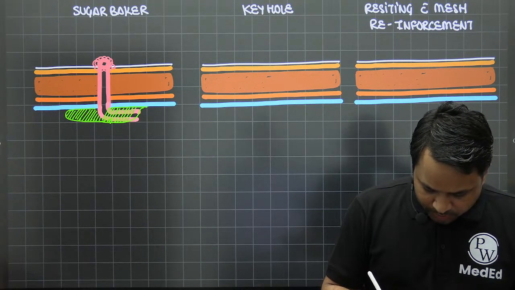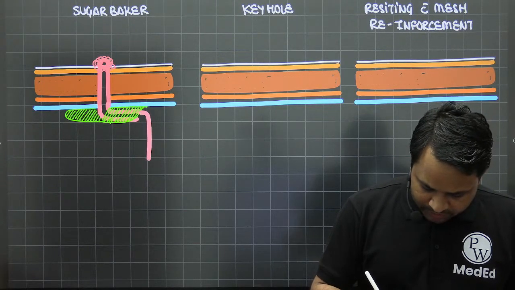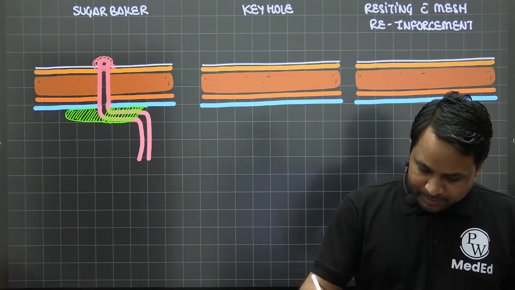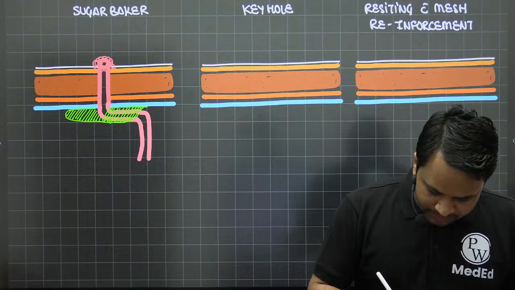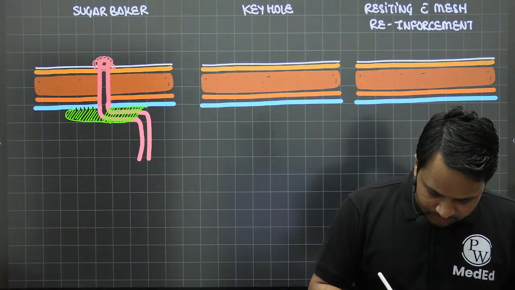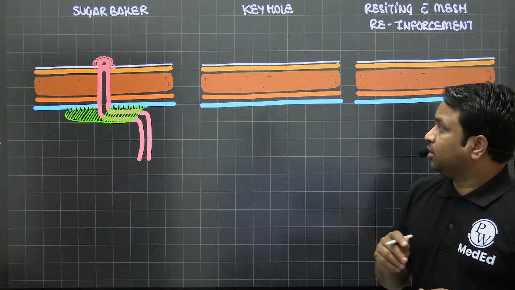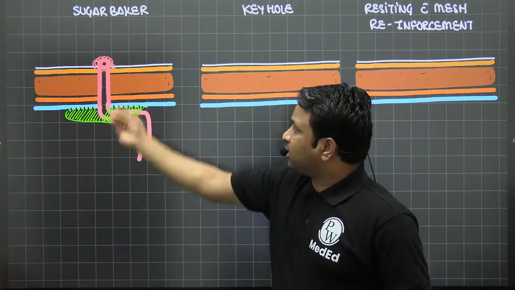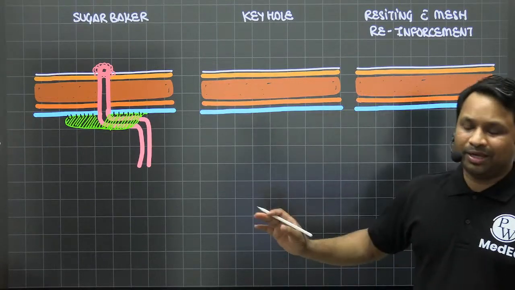It goes with the mesh and we see the bowel is being laid across here. This mesh is now anchoring the bowel with the abdominal wall. So what is going to happen? It is covering all the area, not allowing any other bowel to pop out. This is what we call the Sugarbaker technique.